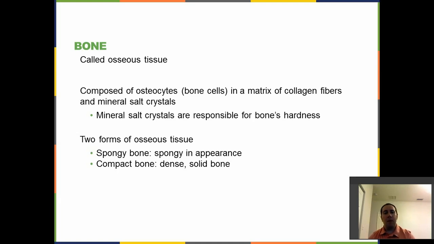But the cells that make bone are called osteocytes. Remember, the cells that make cartilage were chondrocytes. The cells that make bone are called osteocytes. And around them is collagen and minerals.